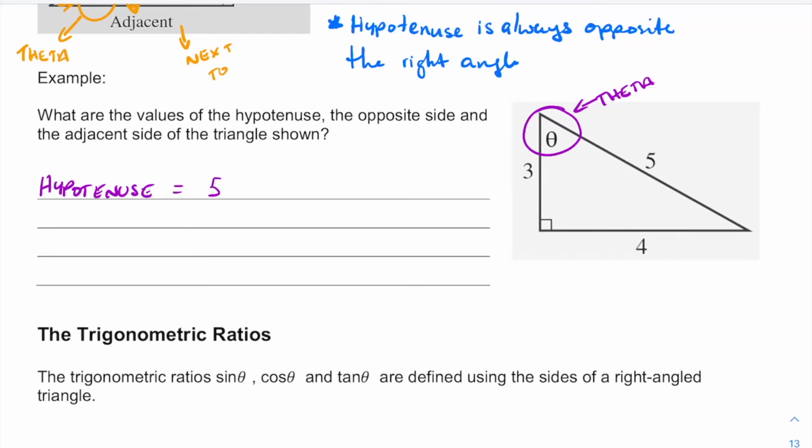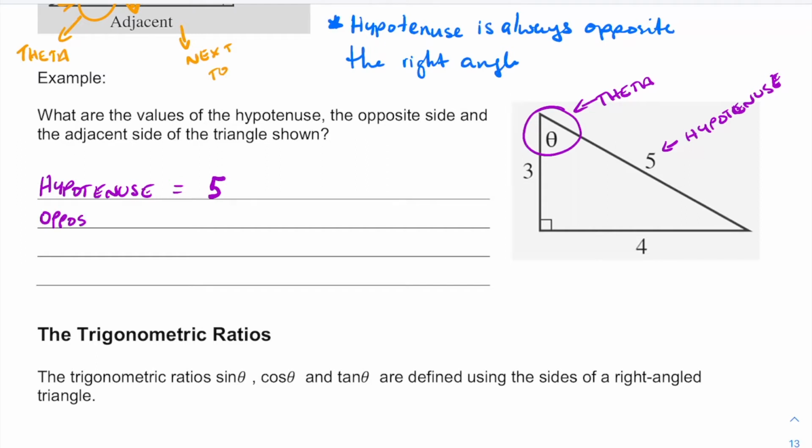It's going to be 5 simply because it is across from the right angle. So it will always be the hypotenuse.